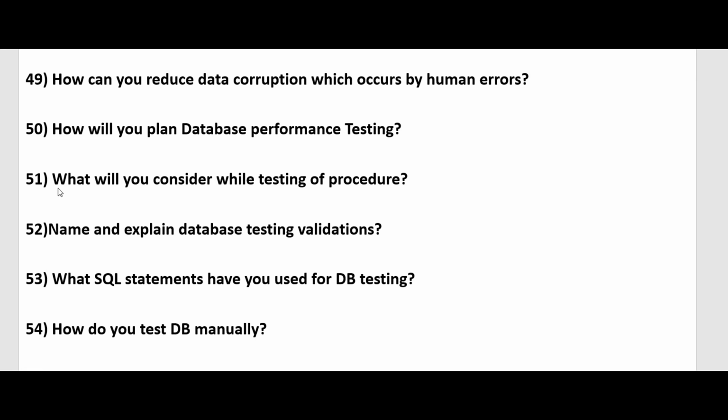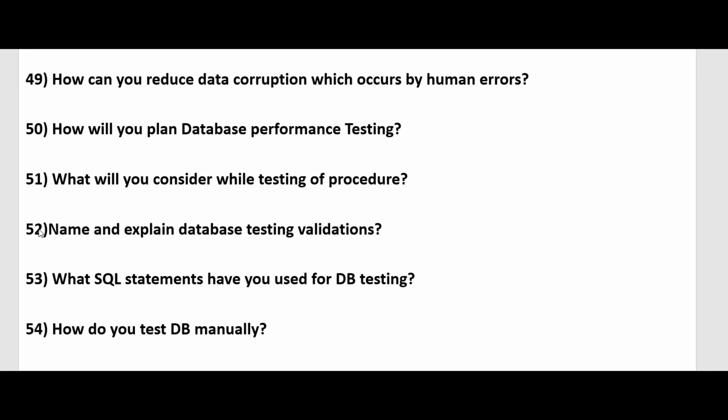Do parameter testing, and check parameters if they are required. Call the stored procedure with valid, invalid, and boundary data. Test return values when failure or success occurs, and validate the return values. Then test the error messages: make the stored procedure fail and check for error messages. Find out exceptions where stored procedures can fail.